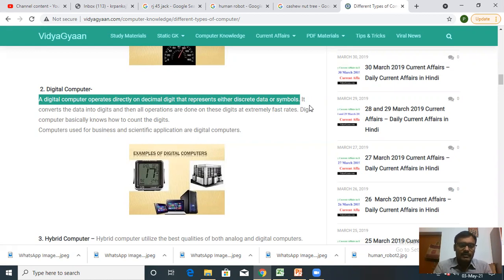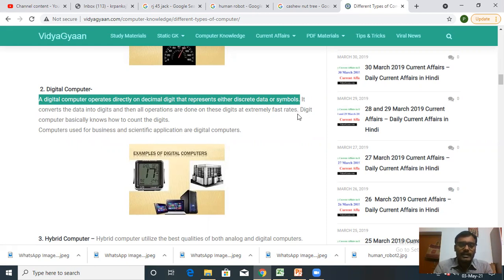It can perform some types of arithmetic problems. Okay. It is able to take logical decisions, and this computer works on numbers, which are in the form of 0 and 1. And you can say digital computers are faster than analog computers.